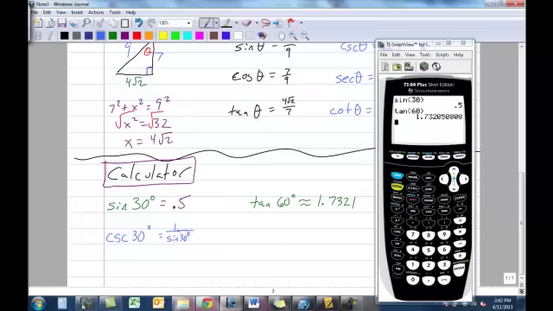That's what cosecant means. So in order to put this into your calculator, you would put in 1 divided by the sine of 30. Now, remember how we said it was the reciprocal function? Watch this. 0.5 is the same thing as a half, right? What's the reciprocal of 1/2? Press enter. It is 2.